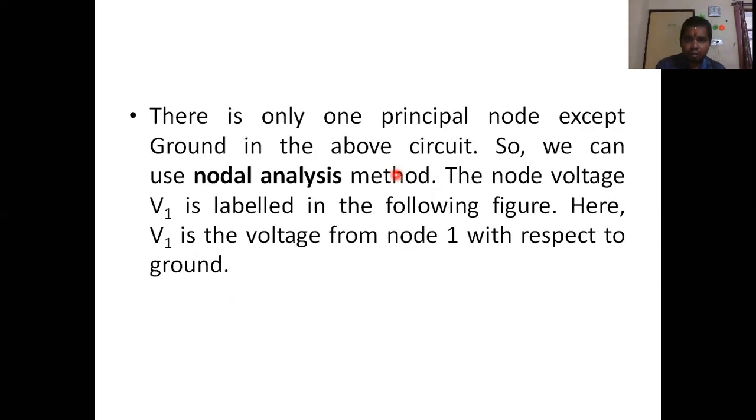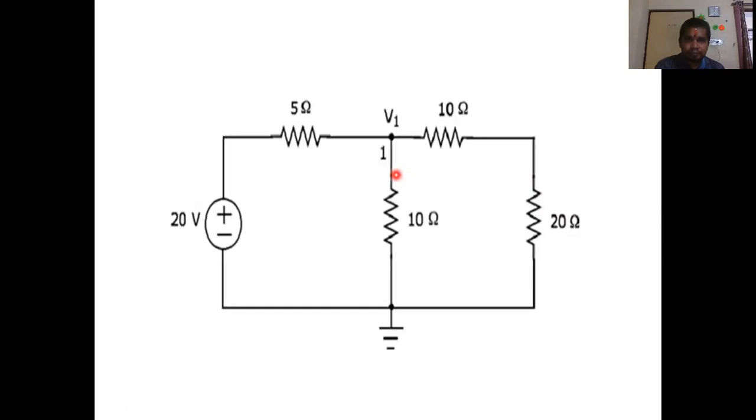So I am applying the nodal method here. This is node 1, node 2. Node 1 voltage V1, node 2 is the reference voltage, 0 volts, right? So you have to write the equation. In the nodal method, you have to write the currents. I have not marked them here.